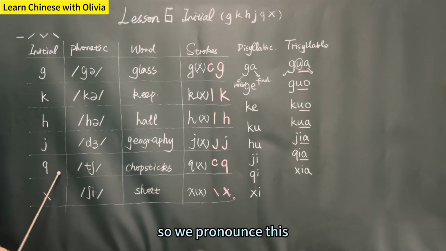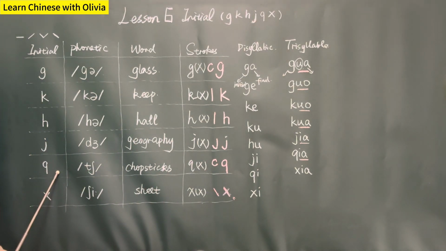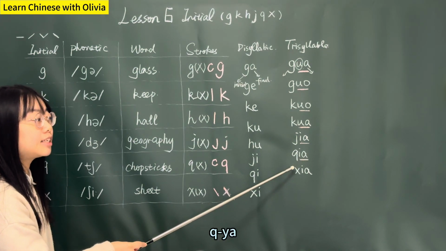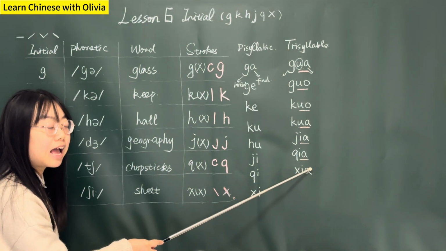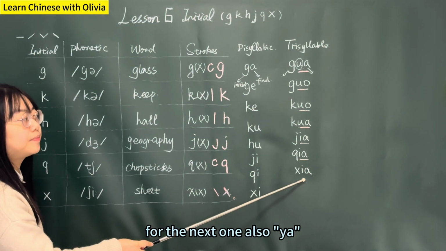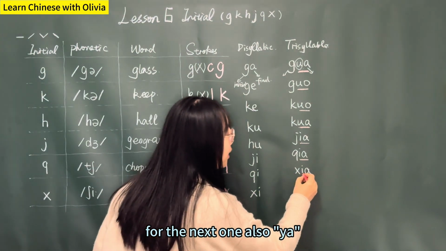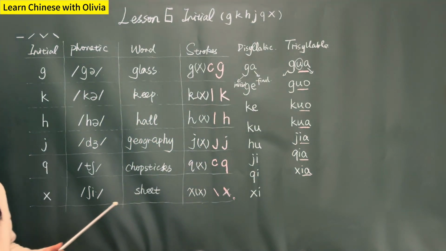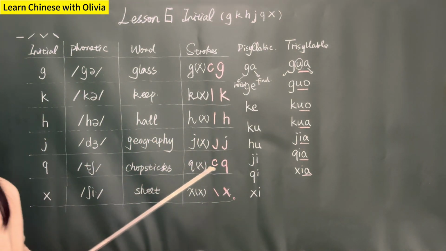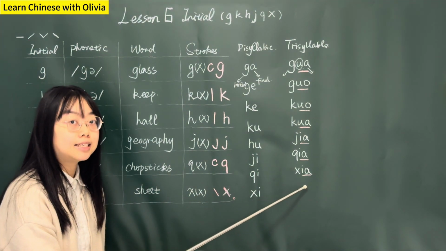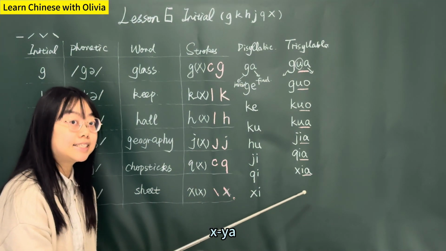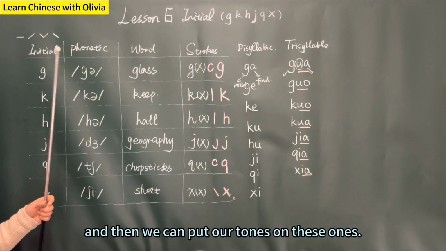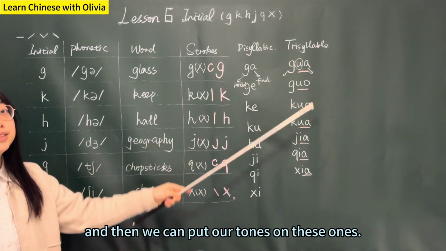So we pronounce this chi, ya, cha. For the next one, also ya, right? And then xi, ya, xia. And then we can put our tones on this one.